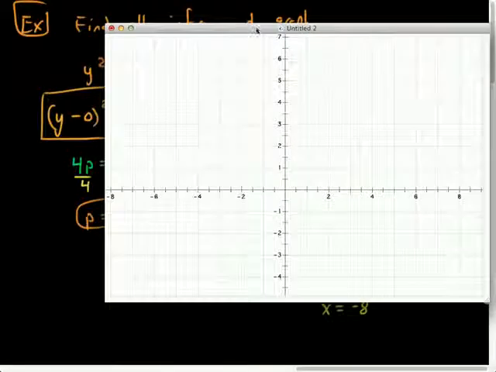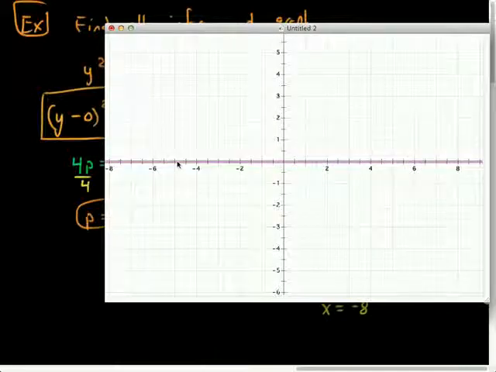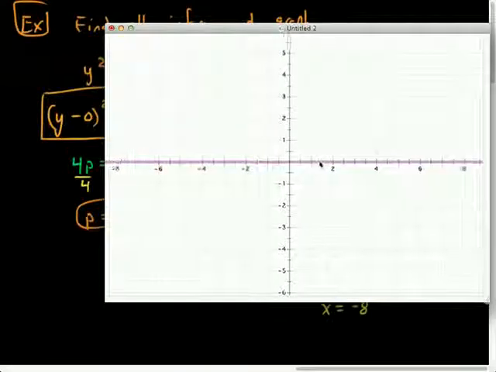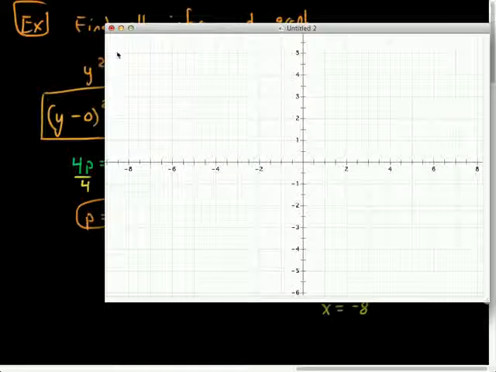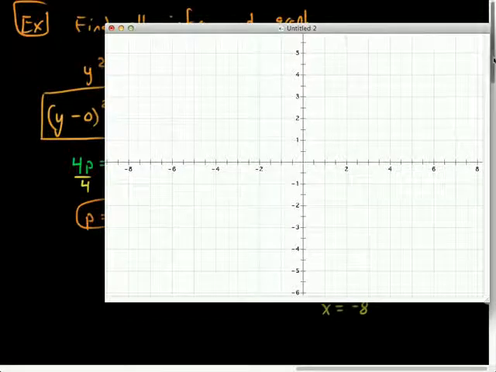Okay, so I need to just make sure that it goes at least to -6. I know it's going to be symmetric, so top and bottom. I think I'll hit the same amount in both of those cases. Oh, and actually, the directrix is x equals -8, so I have to go all the way over to -8, don't I? All right, so let's see. Hopefully this is enough room for us.